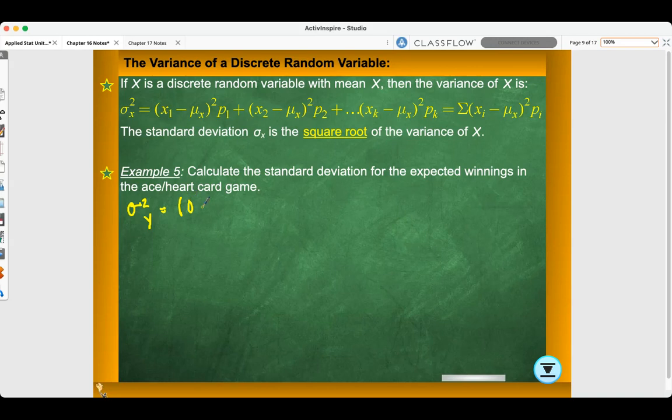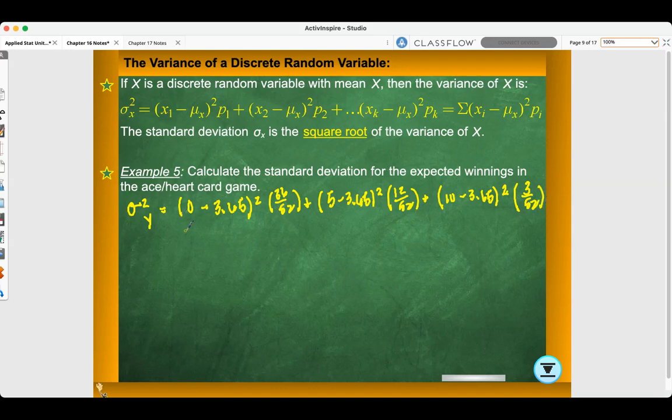So it would be 0 minus 3.65 squared times 36 out of 52 plus 5 minus 3.65 squared times 12 out of 52 plus 10 minus 3.65 squared times 3 out of 52 plus 100 minus 3.65 all squared times 1 out of 52.